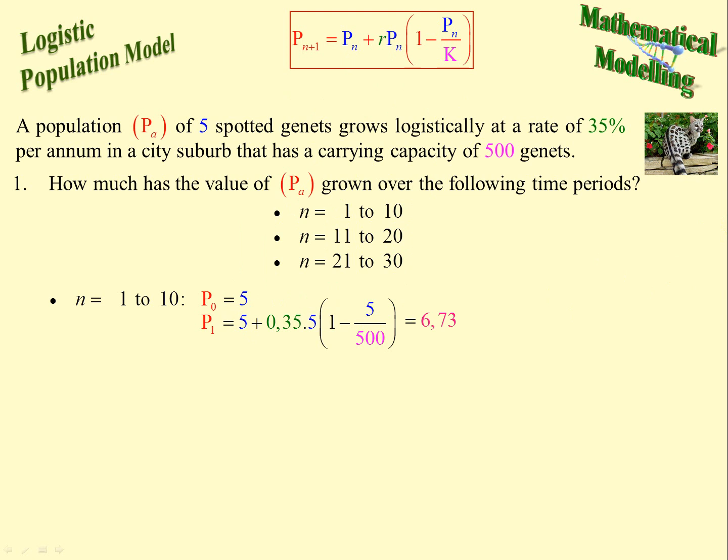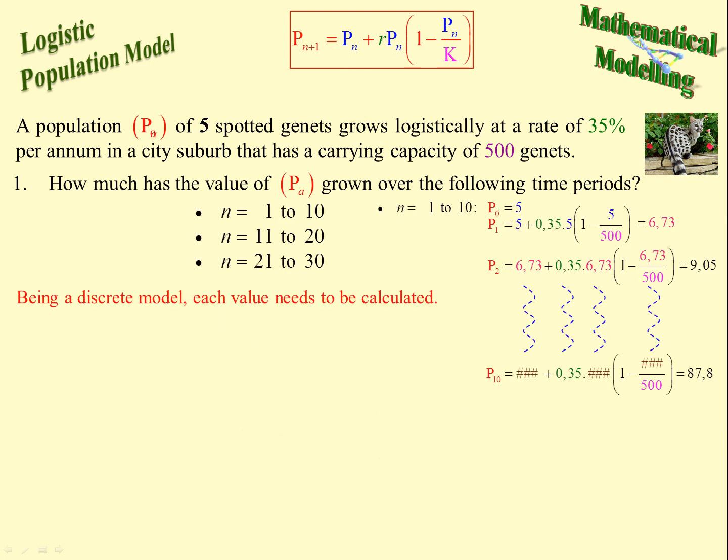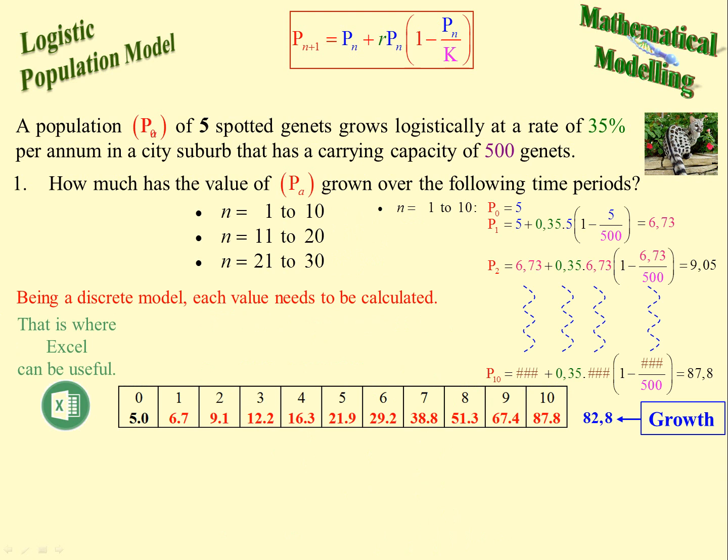For P2, we now use this value of 6.73 in the formula to obtain the next one. And so we go on through to P10. This, same as the Malthusian, is a discrete model, so each value needs to be calculated. And that makes Excel very useful for that.